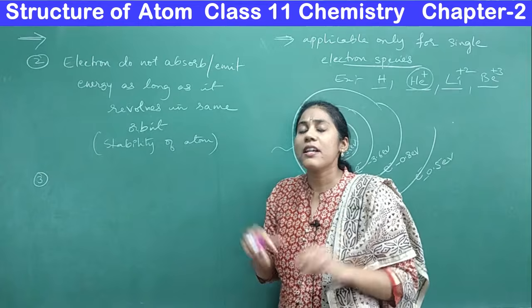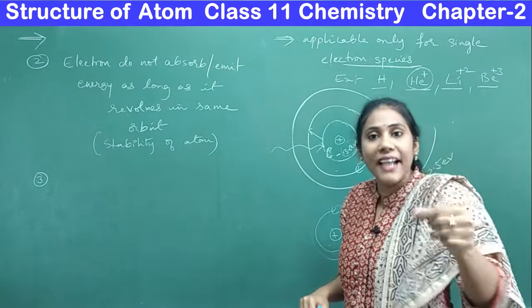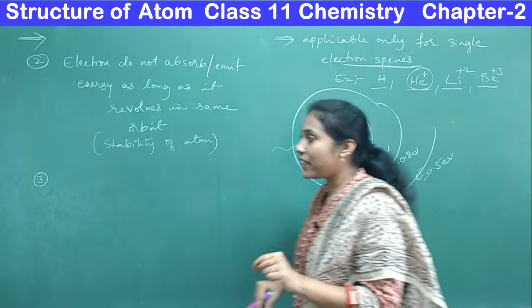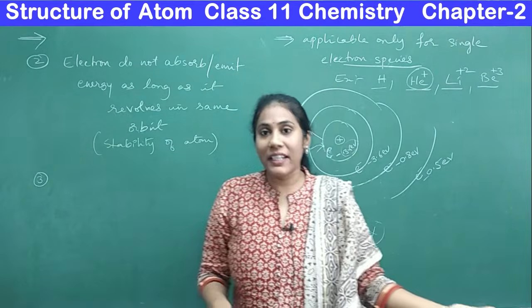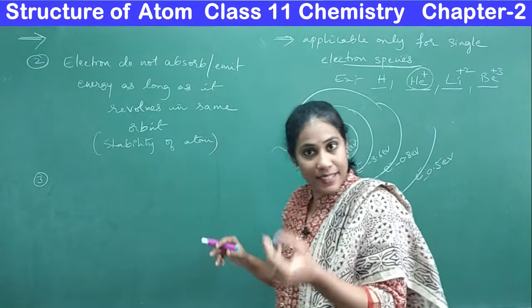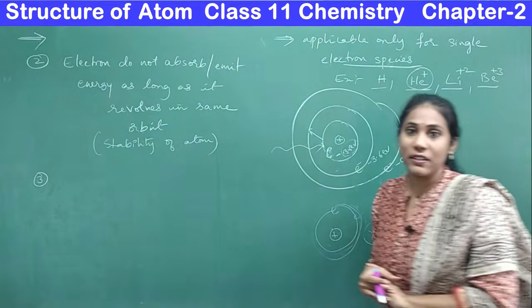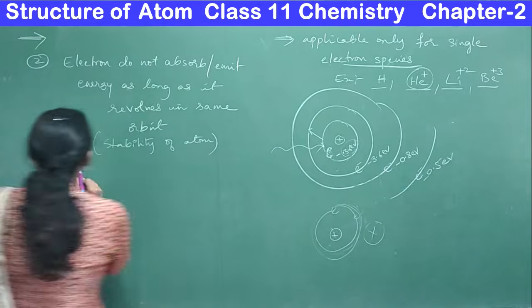This process we will call excitation of electron. Very important word, and we will keep using this word frequently later. So you must understand what exactly we mean by electron excitation. So what will I write here?